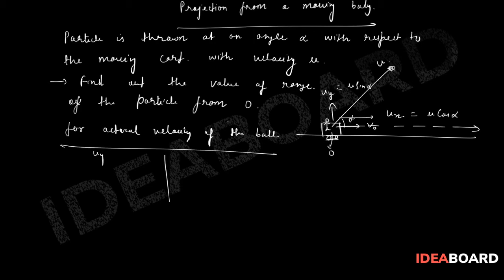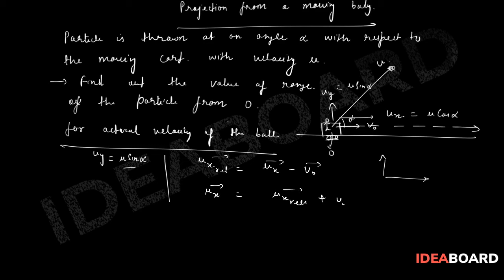The value of uy will be the same because that is not affected by horizontal velocity, because this is the vertical velocity. So who is getting affected? Only the ux. So I can get ux relative is equal to ux minus v naught, right? This is going to be the velocity vectors, and then we want to achieve the absolute ux, which is ux relative vector plus v naught.